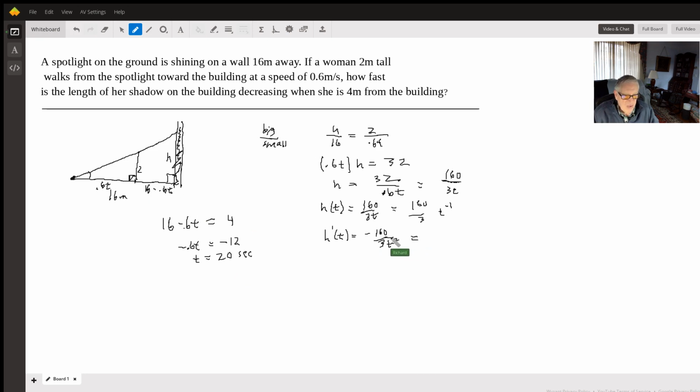This is the speed at which the shadow is decreasing. So it's going to be negative 160 over 3 times 400. Let's see what our calculator can do with that.